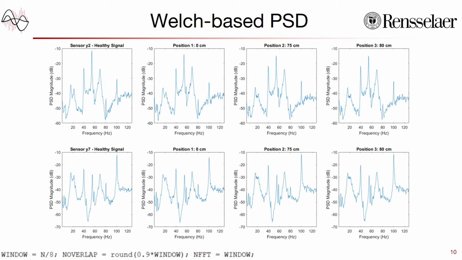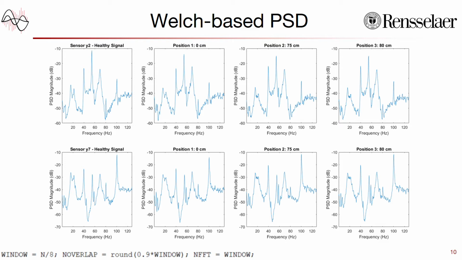And it looks like there could be a coupled mode right around 20 hertz. And the same for sensor Y7. So pretty much everything I plotted twice over, with sensor Y2 and sensor Y7 with respect to their own positions, Y2 being on the right wing and Y7 being on the horizontal stabilizer in the back.